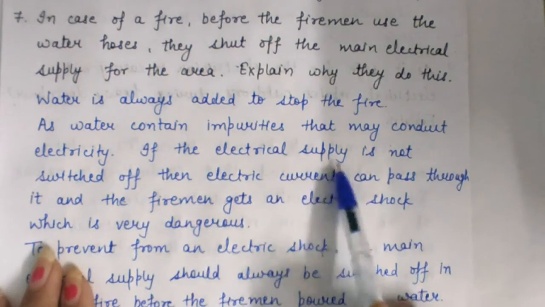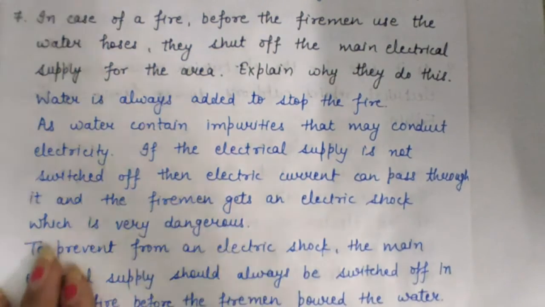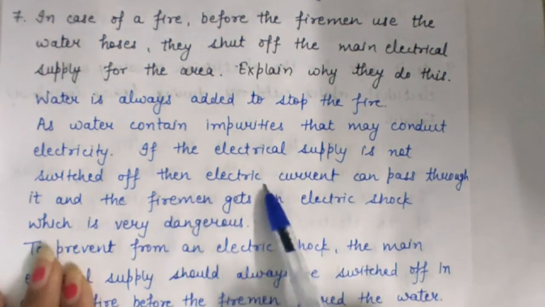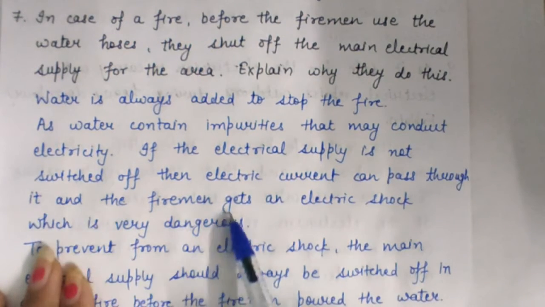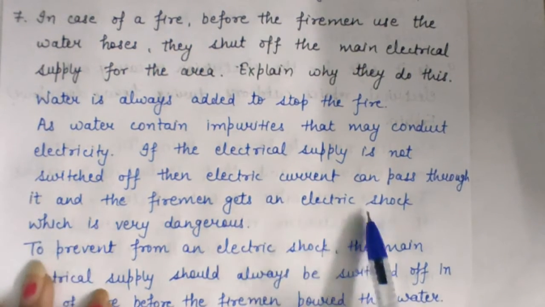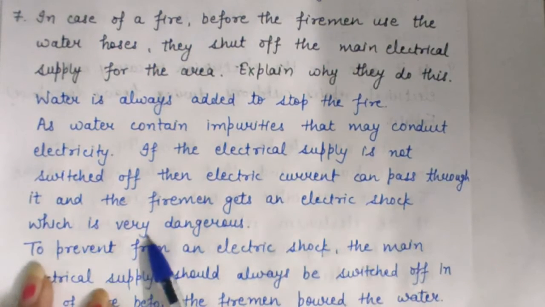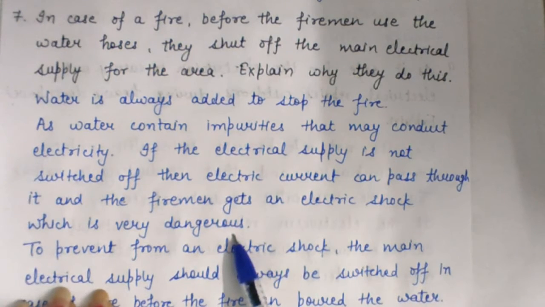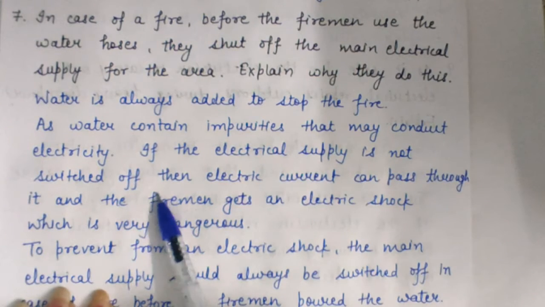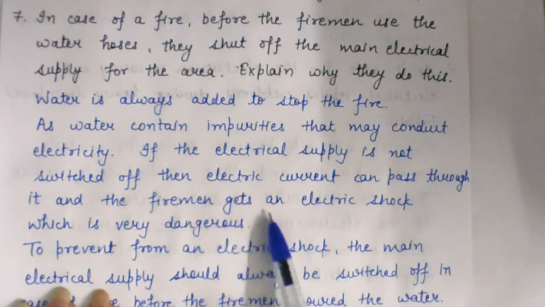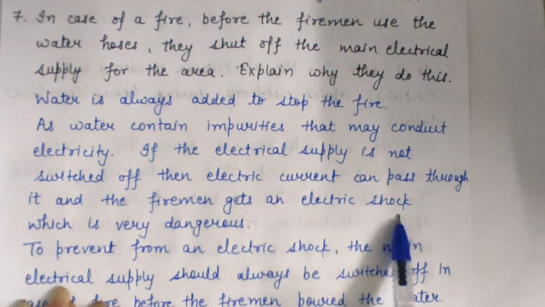And if the electrical supply is not switched off, then electric current can pass through it and the fireman gets an electric shock, which is very dangerous. Means if the electrical supply is not switched off, then the fireman gets an electric shock.